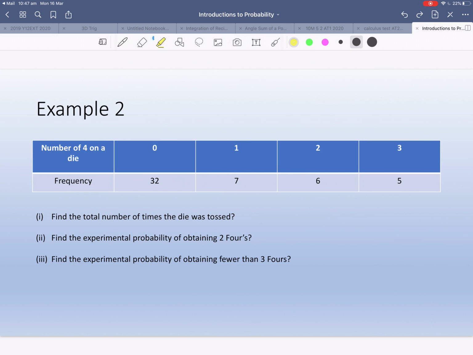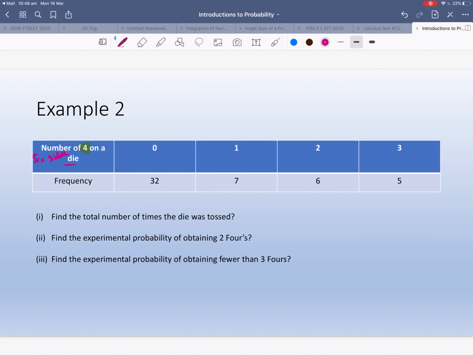Second and final example. We have a table here. This table tells us the number of 4s, and I've got to write more information: a 6-sided die. So we're just rolling dice like in Monopoly, and what this tells us is how many times we get a 4.